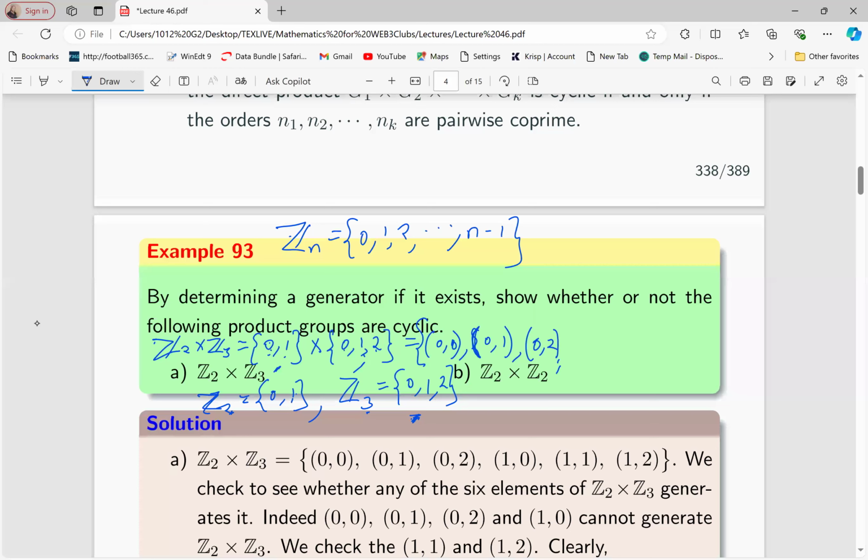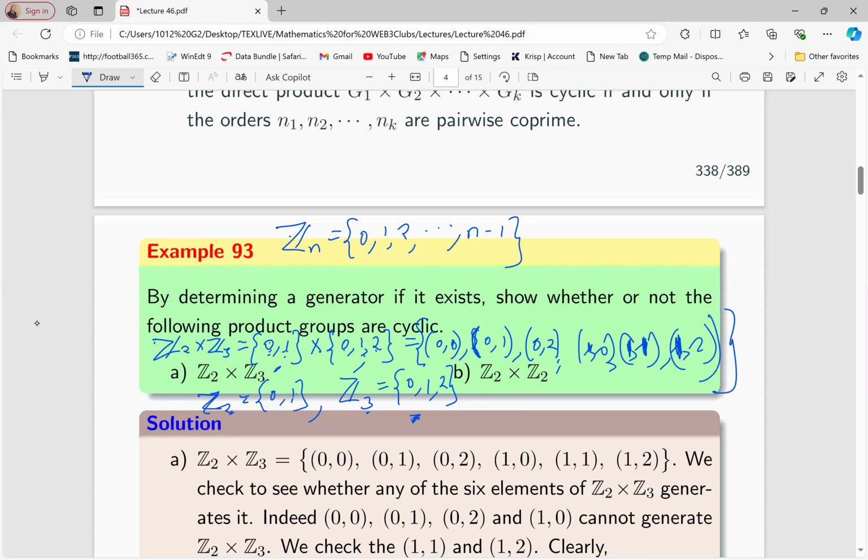Now let's combine 1 with each of the elements. Combine 1 with that, we have 1, 0. Then we have 1, 1. Then we have 1, 2. So these are the elements of the group. I'm just doing this for those who are new.